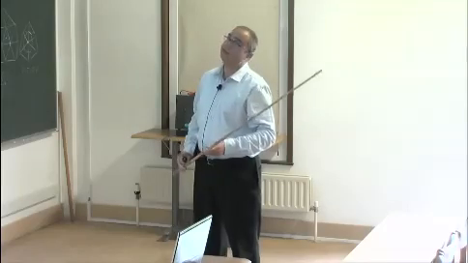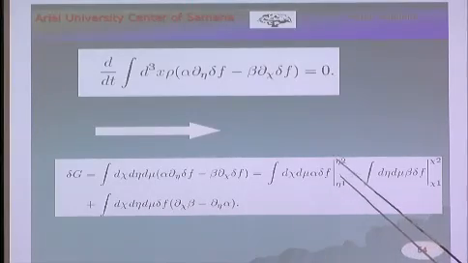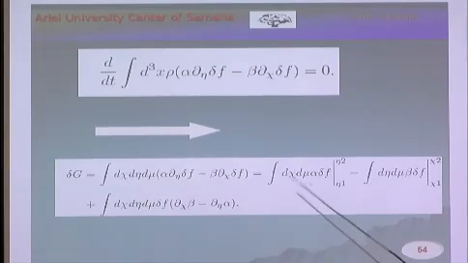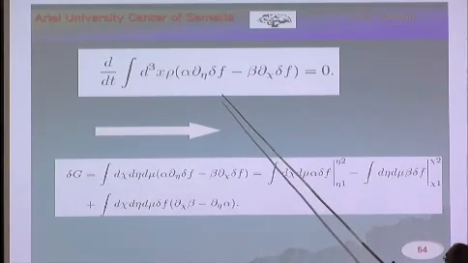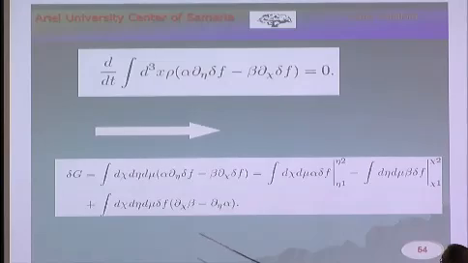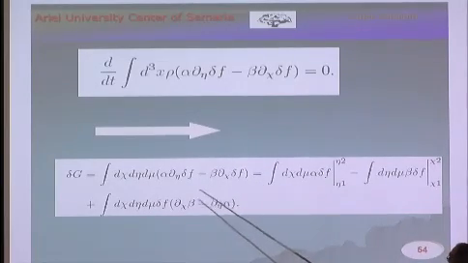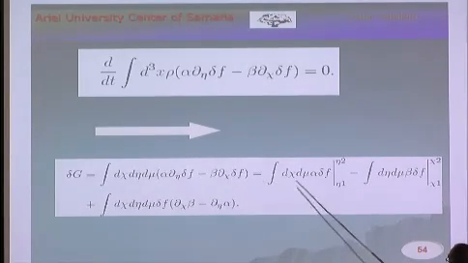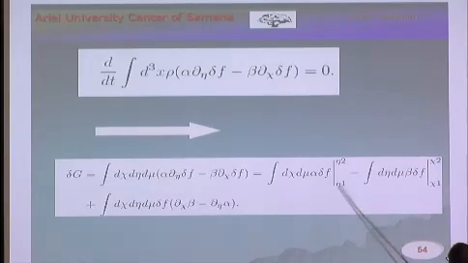So plug delta f in, and you get this equation, and put rho inside in terms of chi, eta, and nu, and after some manipulation, you get two boundary terms and this term just here below.